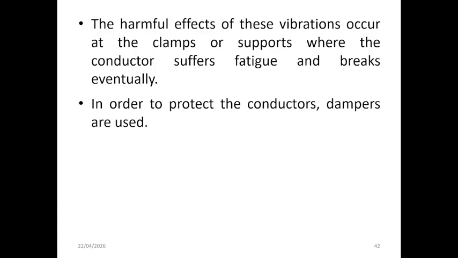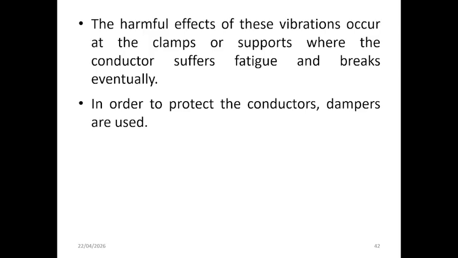At these locations, repeated cyclic vibrations can lead to mechanical fatigue, gradually weakening the conductor material and eventually causing breakage. This type of failure is particularly dangerous because it might occur without visible warning.